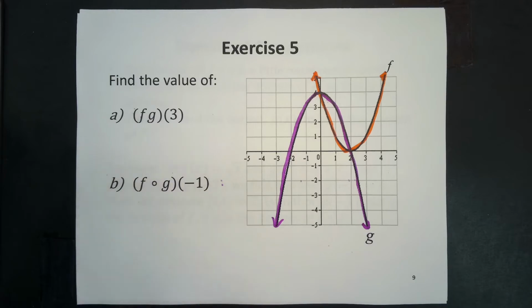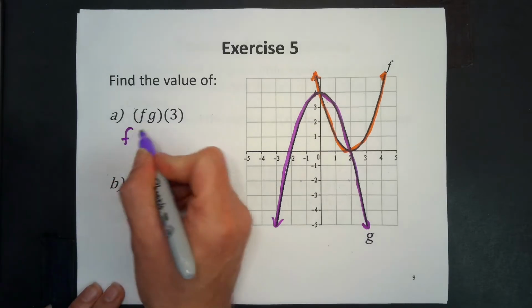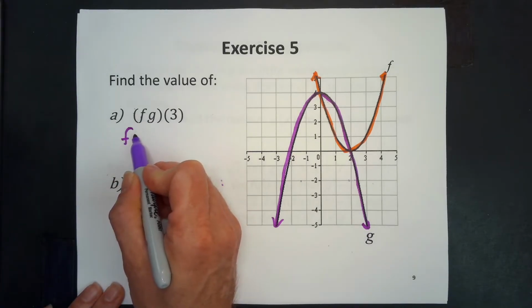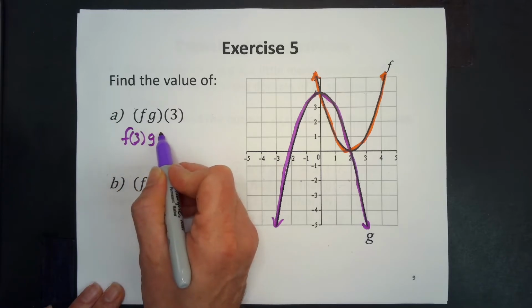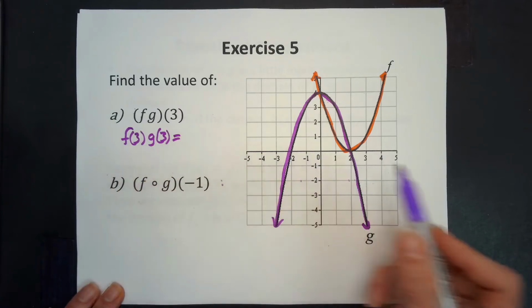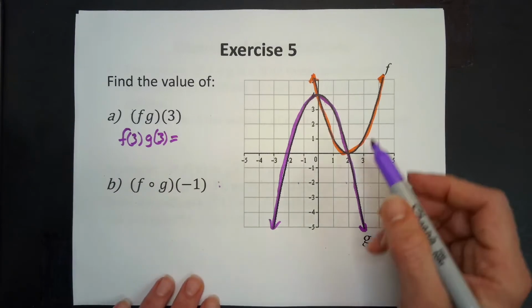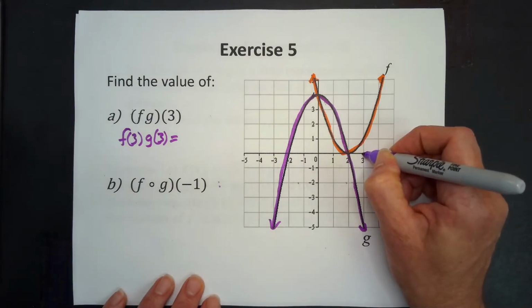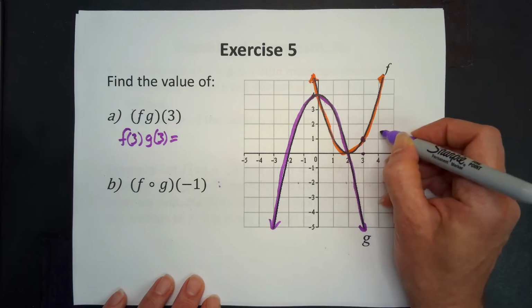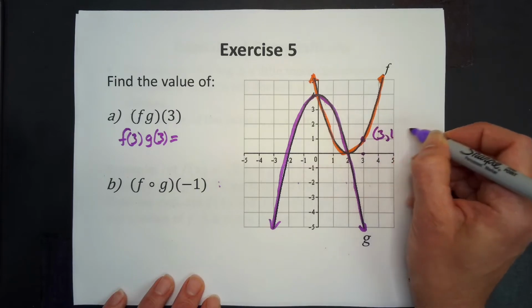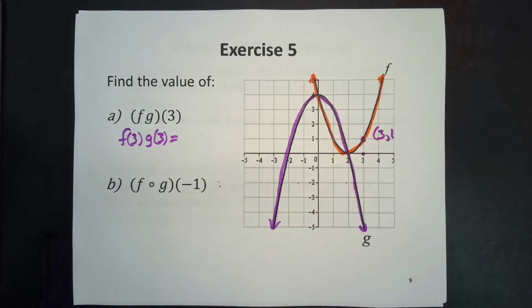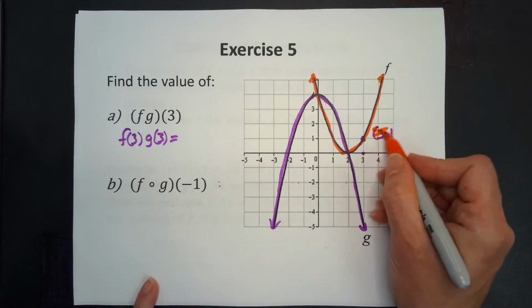So first it wants multiplication. So it's going to say f times g. So f of 3 times g of 3 is what we want here. So I'm going to go look and say, okay, what's f of 3? So if I look at 3 on the x-axis, f of 3, so 3 comma, and actually I should do this in orange since I'm talking about my f function here.